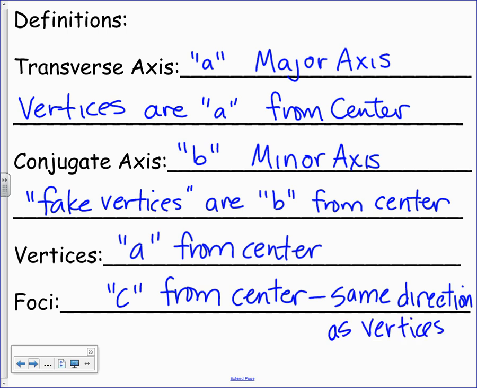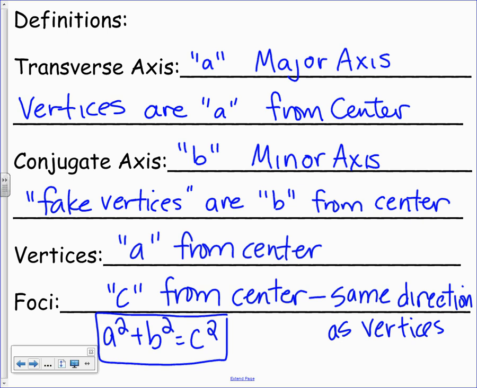And since C, the distance from your center to the focus, is the largest thing, we're going to have A squared plus B squared equals C squared for a hyperbola, which is different than it was for an ellipse.